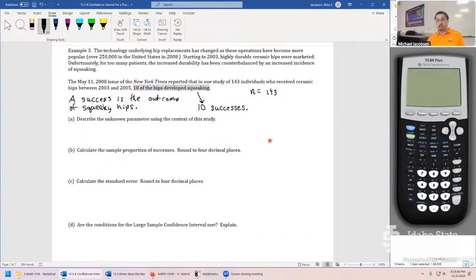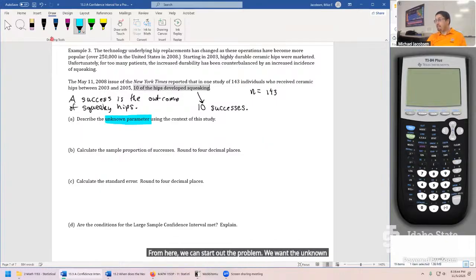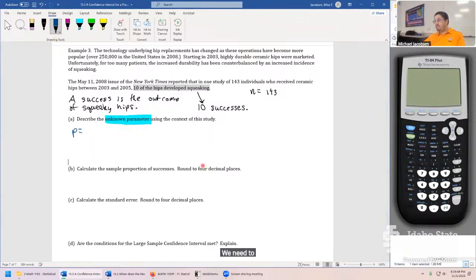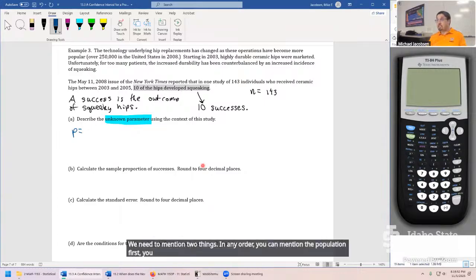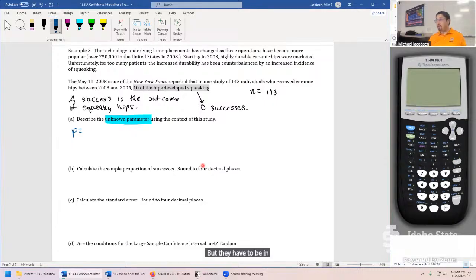From here, we can start out the problem. We want the unknown parameter P. We need to mention 2 things. In any order, you can mention the population first, you can mention the successes first. It's really up to you, but they have to be in there some way, somehow. And we mentioned before, when you say proportion, that's a synonymous word to percent.